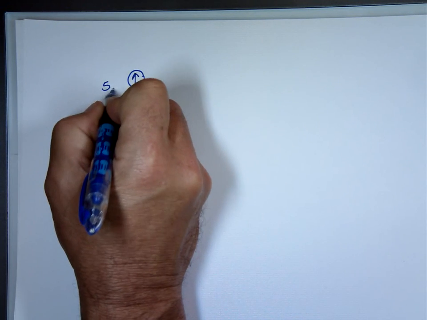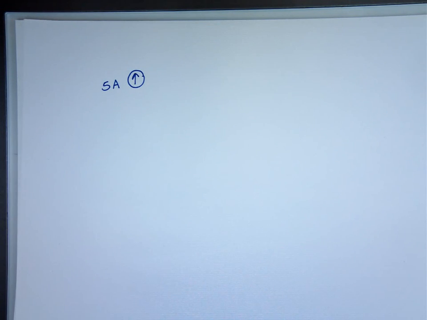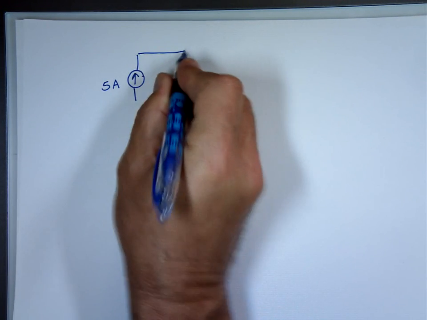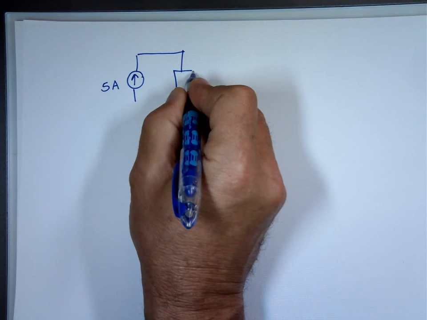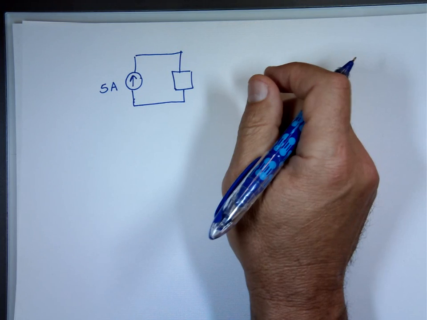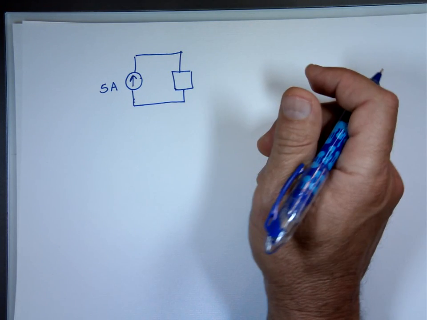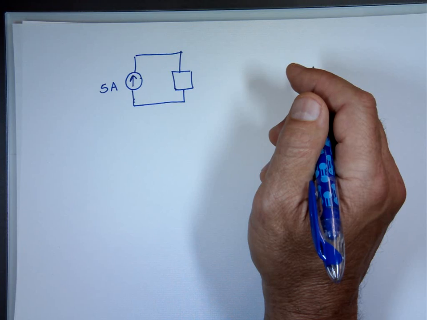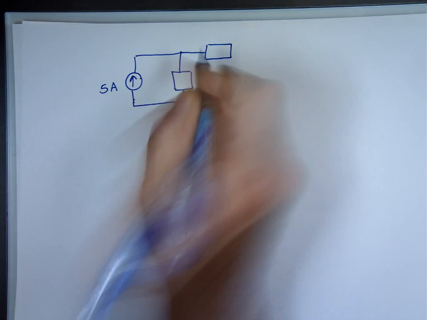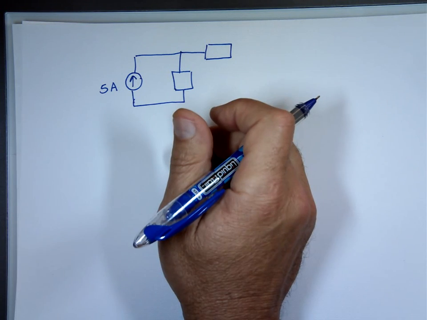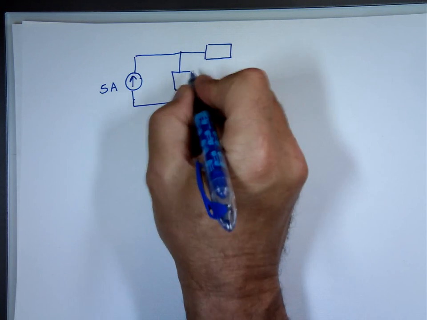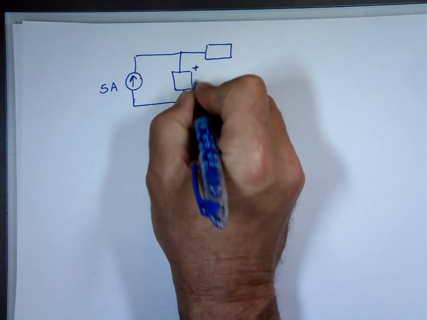No mistakes in it. 5 amp current source. It's in parallel with another element. I don't know what the value of that element is. There's another element right here. Let me label some voltages here. Let's say this voltage is plus to minus 4 volts.